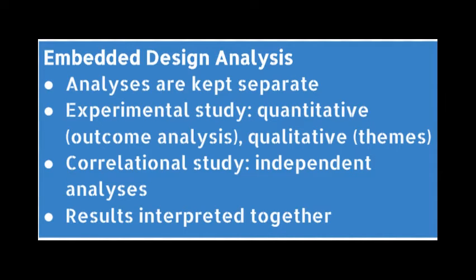When a correlational study is used, the analysis also proceeds independently of each other. Creswell explains that in both the experimental and correlational examples, results of the two databases can be interpreted together: how one reinforces the other or complements the other.